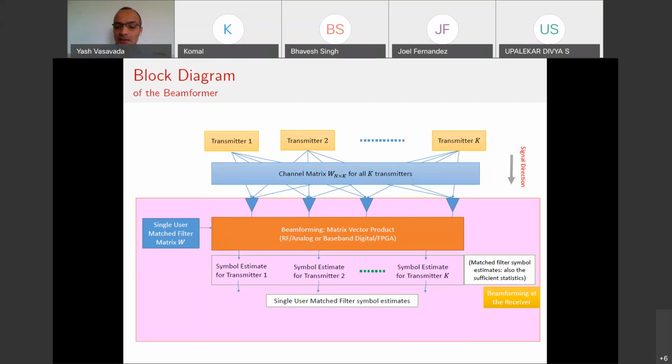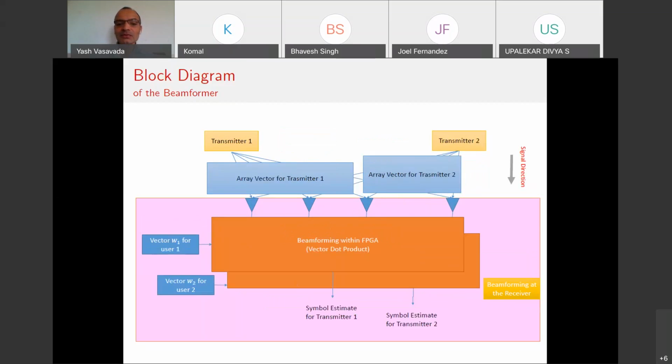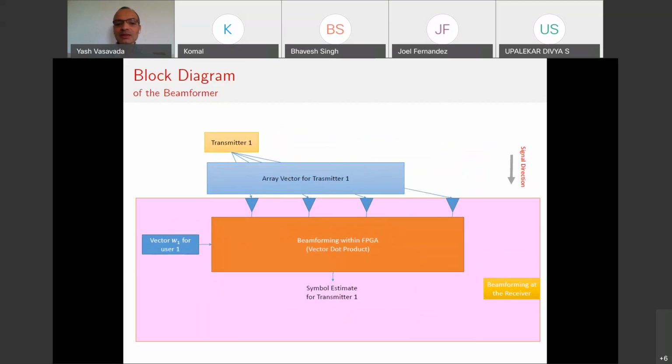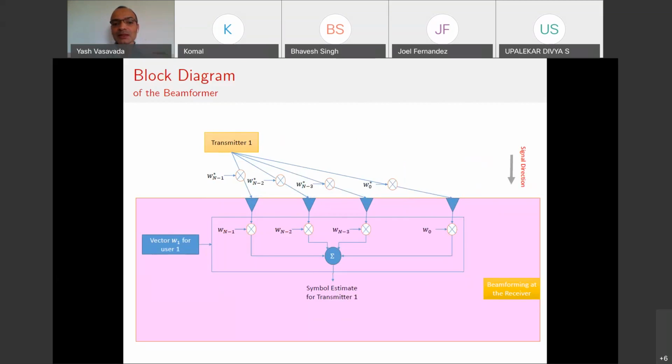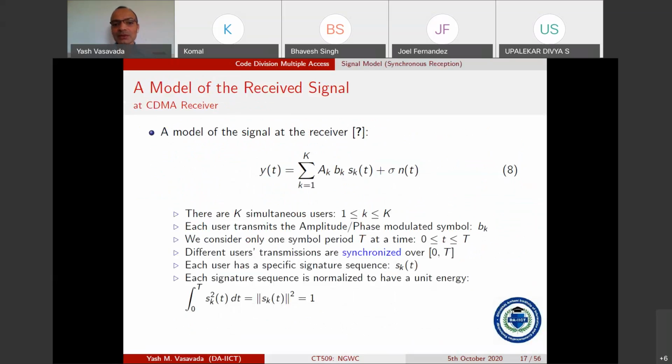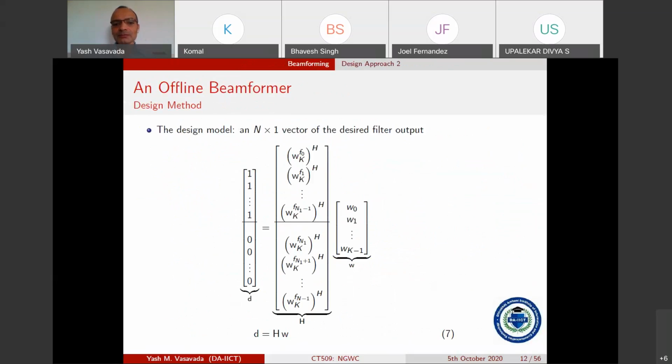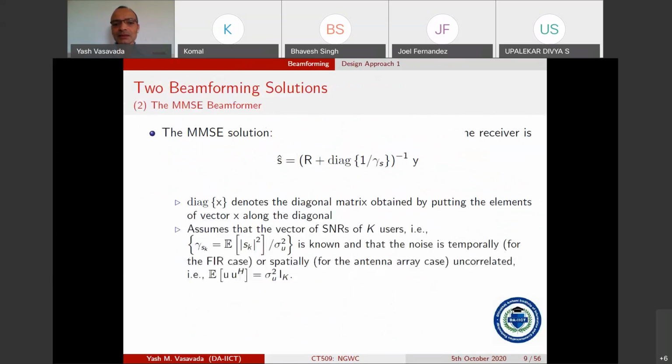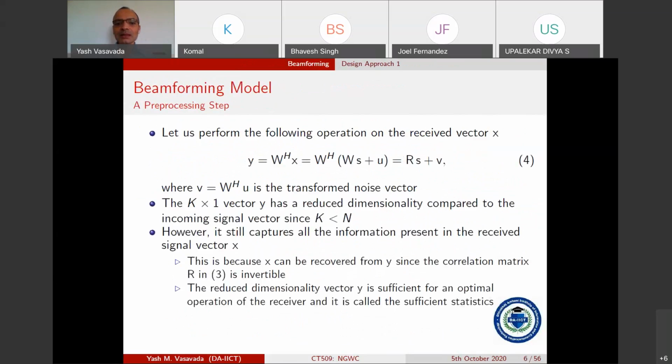Okay? This is nothing but the extension of this diagram, which is nothing but the extension of this diagram. And that actually is what we have called earlier as this vector Y. If you recall, over here, when we said that we can do this operation and get this sufficient statistic vector Y, that is what we have done.